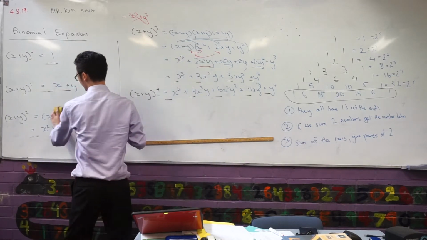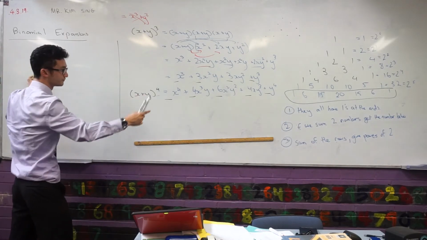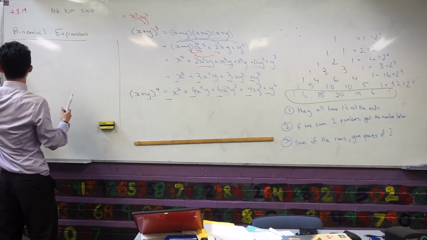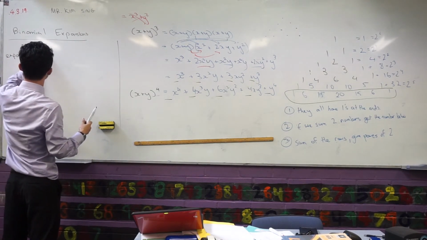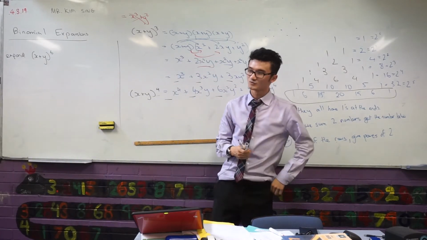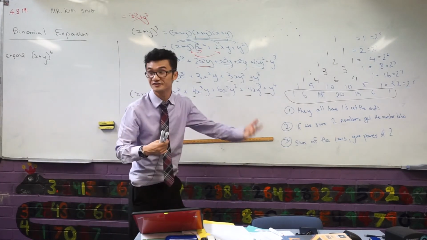If I want to write out the expansion, what do I want to do? Well, what numbers do those represent? Where did we get these numbers from? They're the coefficients.